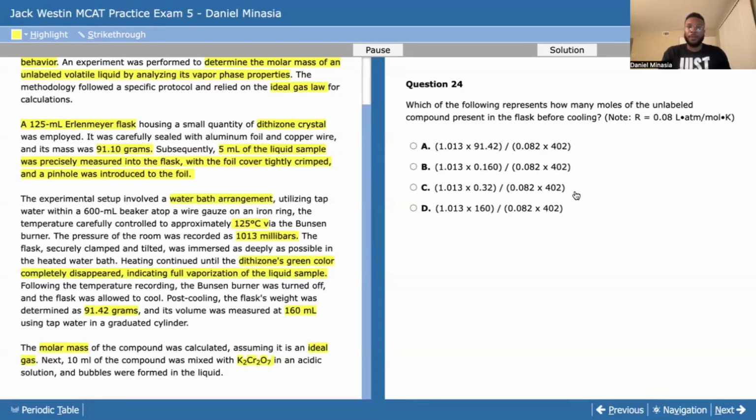So PV equals nRT, but that's not what these equations are representing, because we're looking for the number of moles. So this will be n.